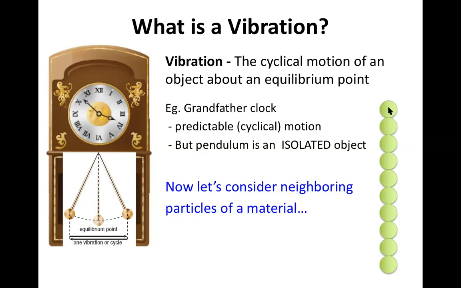You could be talking about neighboring ropes on a string or neighboring loops on a slinky. So what happens when there is vibration of one part of matter? Well, when that first object moves, it starts transferring kinetic energy to its surroundings. And we can transmit the kinetic energy along the line of, maybe, a string of ropes on a string.